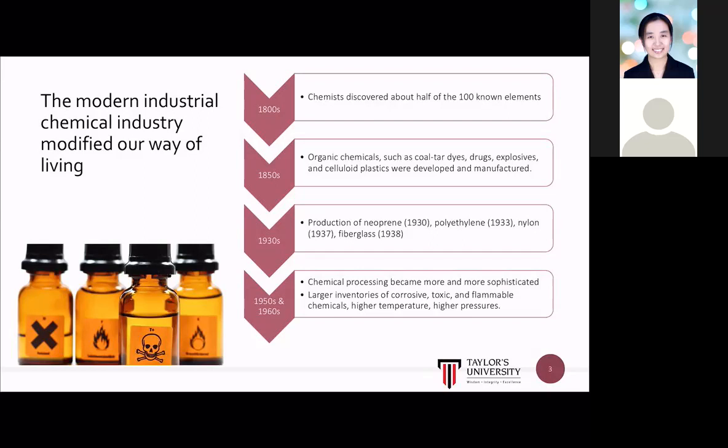Many of them involve corrosive, toxic, and flammable chemicals. We are not talking about 100 degrees Celsius, we are talking about 300-400 degrees Celsius at 20 bars, high pressure and high temperature. So that's where safety kicks in, okay?